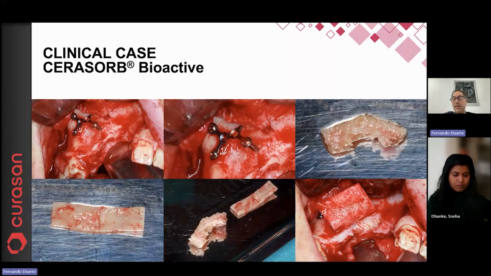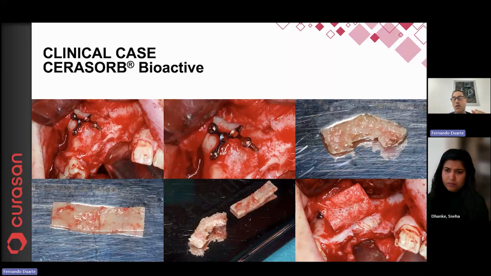And another very interesting point is that with the piezo device, we make some marks in the autogenous bone, trying to create some microvascularity. This microvascularity will be very important for the attachment between our bone graft and our autologous bone.